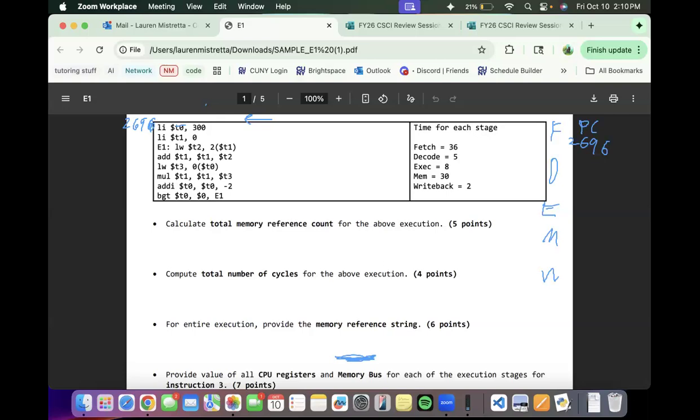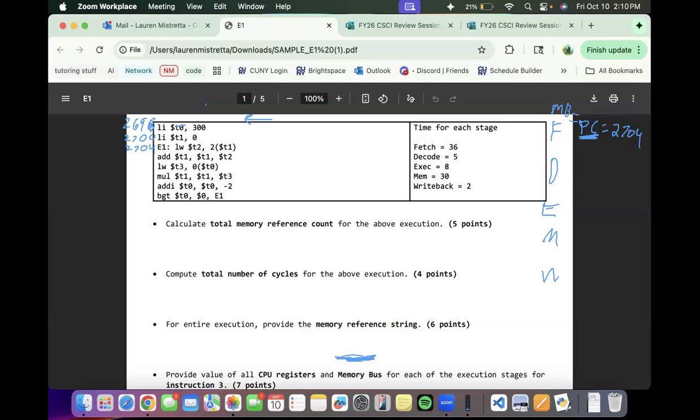So if I plus 4 on that, this gets me 2700. And then plus another 4 gets me 2704. So at the start of this guy, the program counter is going to be 2704. And this is also going to be the memory bus. The memory bus is going to take the value of the program counter to go into memory and fetch the instruction.